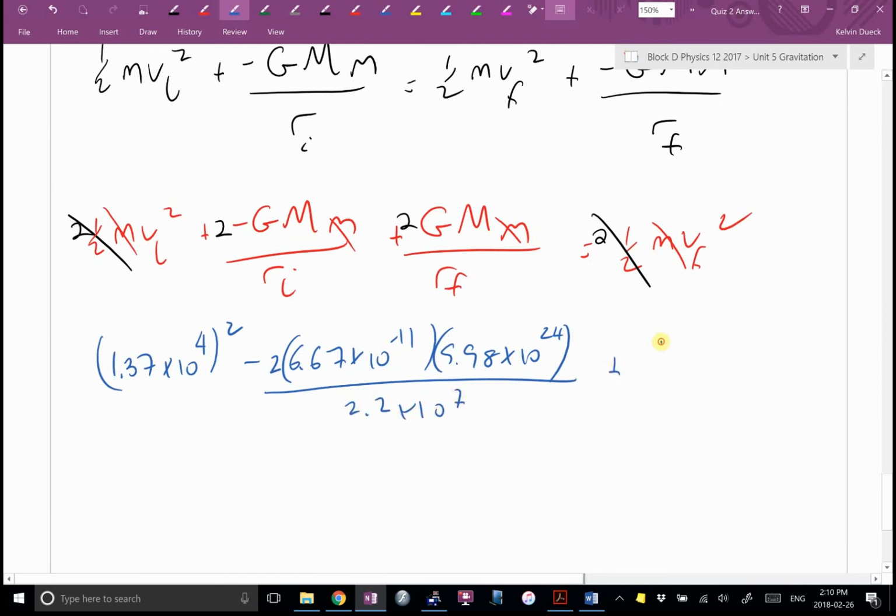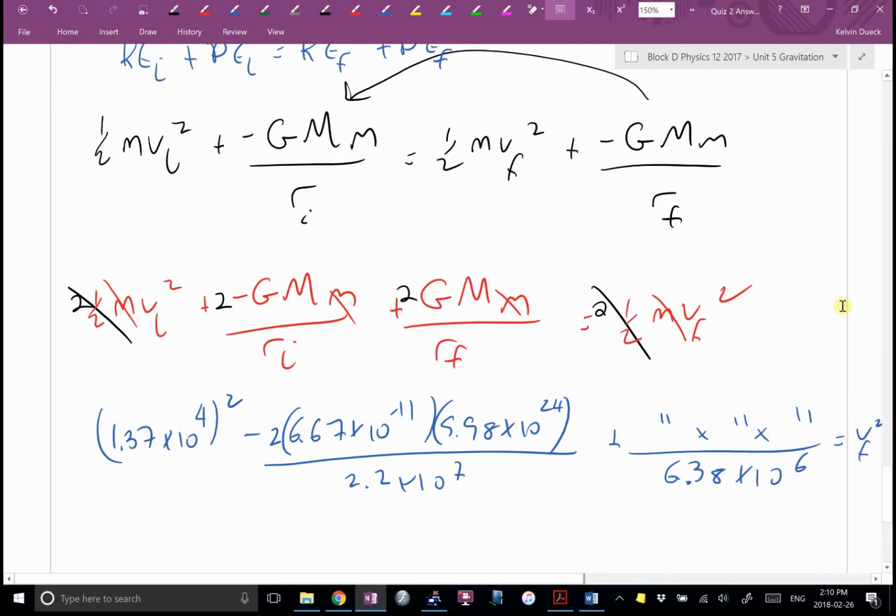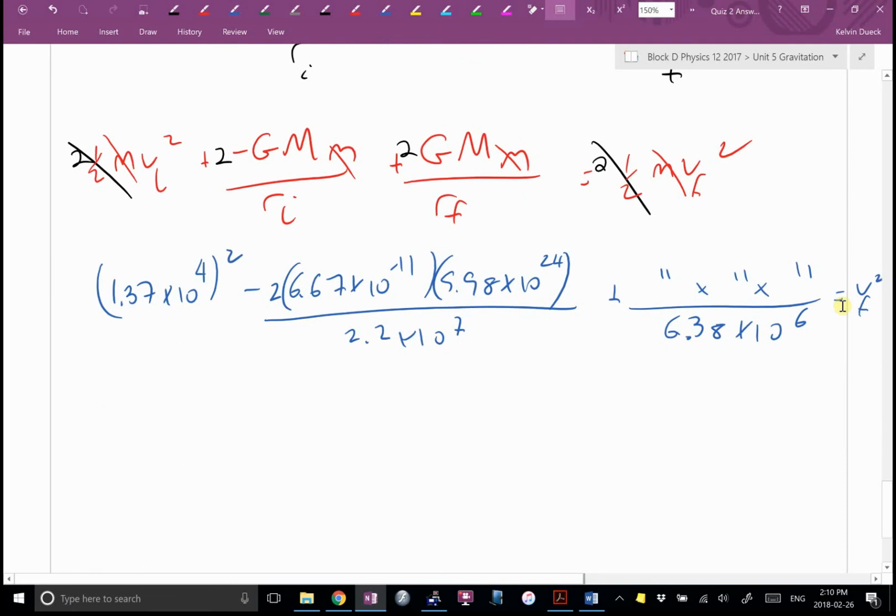Then there's going to be a plus, same thing, over 6.38 times 10 to the 6th. That equals V final squared. That's all that's left on the right hand side.